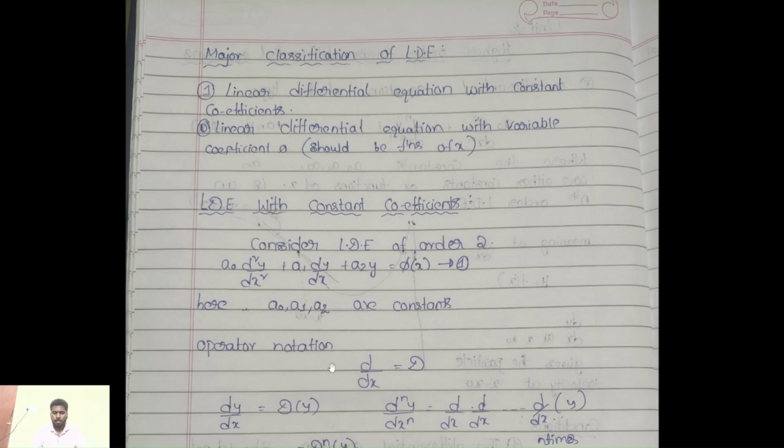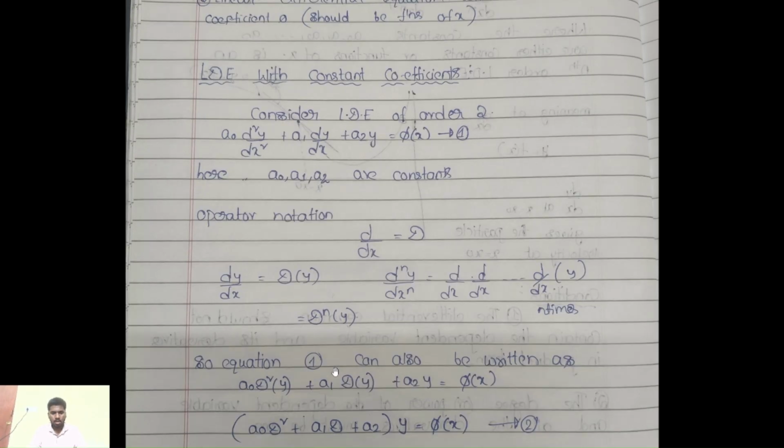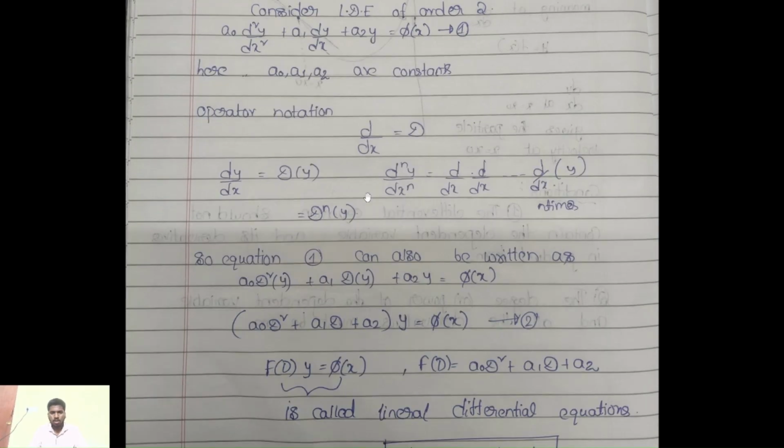The meaning of d/dx is that we can simply write it in operator notation as capital D. So dy/dx we can write as D of y. D of y is nothing but dy/dx. In the same way, d^n y/dx^n is nothing but differentiating y with respect to x n times, so you can write it as D^n y.